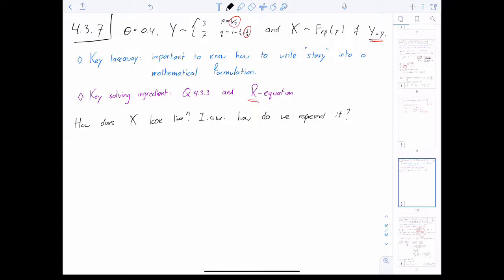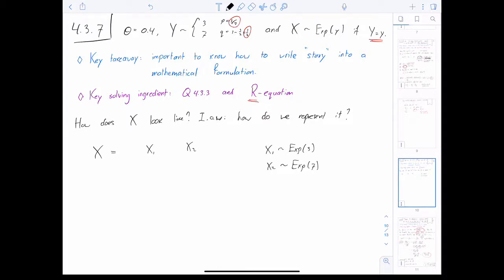Notice that Y takes the values 3 and 7 with probability 1/2, and X is an exponential random variable based on these values. So X can be two things. It's either exponential with parameter 3 or exponential with parameter 7. So we can already split X into two parts. Let's say X1 and X2, where X1 is exponential with parameter 3 and X2 is exponential with parameter 7.